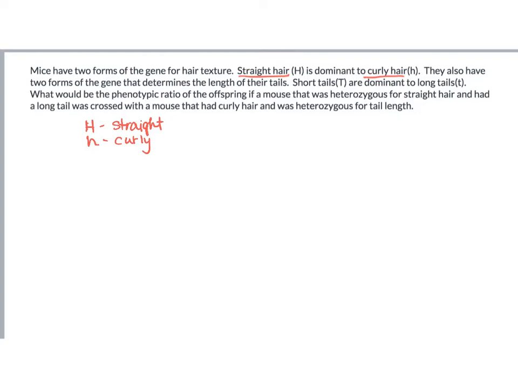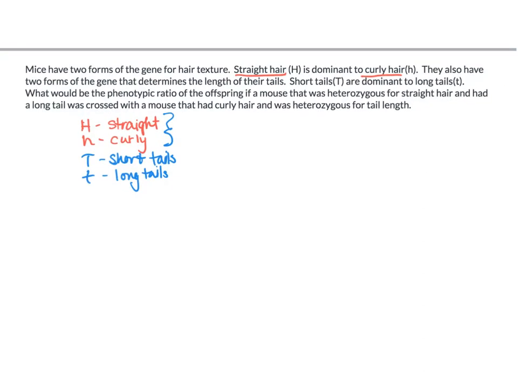So we have short tails, dominant T, and long tails with a small t. Okay, so here are the two forms of the hair gene, and these are the two forms of the length of tail genes.